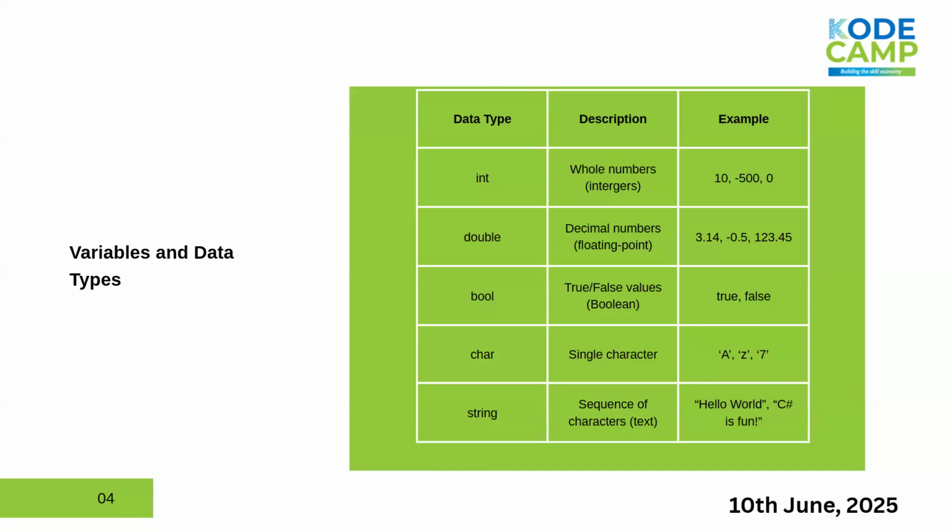We know when calculating the area of a circle, which is pi r square, there's a high possibility that our result would have a decimal value, right? So in scenarios like that, it's advisable to give our variable a data type double.